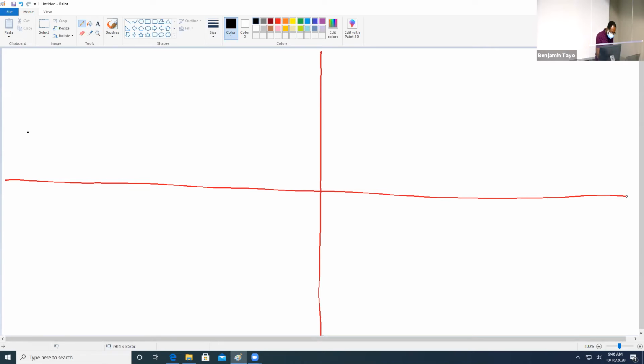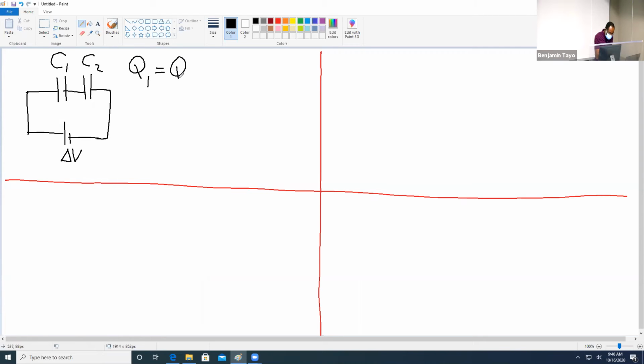The first box is going to have a power supply connected to 2 capacitors in series. So call this delta V, call this C1, call this C2. If 2 capacitors are in series, then you calculate the equivalent. Here, the charge in capacitor number 1 is equal to the charge in capacitor number 2, which is just equal to the total charge.